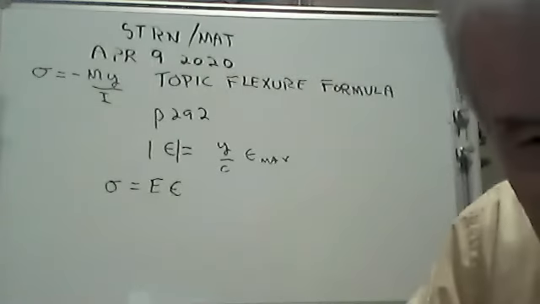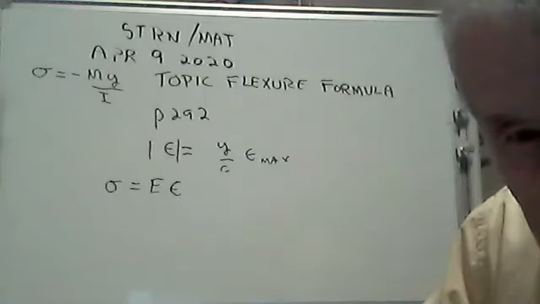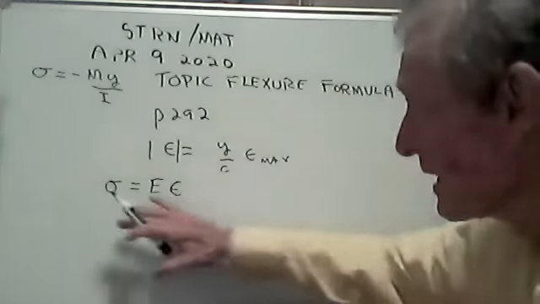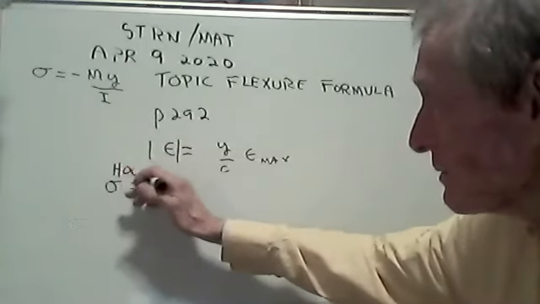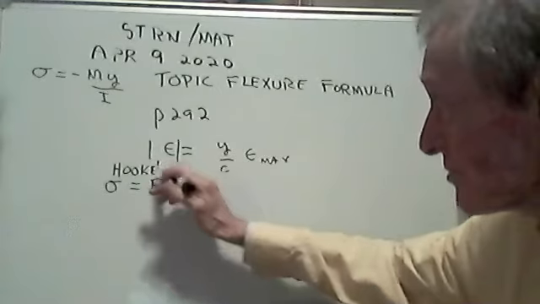Yeah, it's named after a famous guy. Mr. starts with H. Starts with H-O. Hooke's law. Yeah, that's it. This is Hooke's law. One of the most important equations in our course, if not the most important.